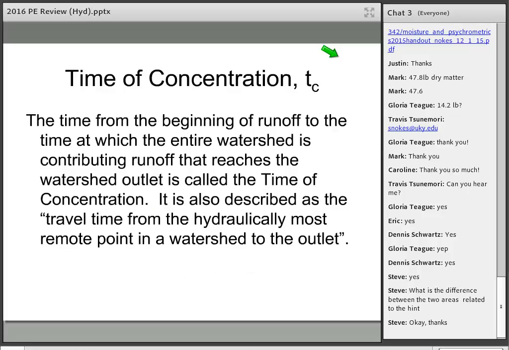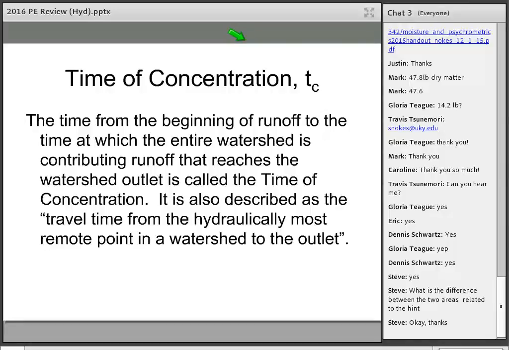Okay, now another concept. This is when we start getting into watershed flow. The time from the beginning of runoff anywhere on the watershed to the time at which the entire watershed is contributing runoff that reaches the outlet is called the time of concentration. Now, the concept here is important.